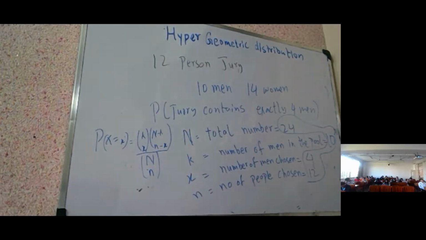So this means, how many different ways can we choose 4 men out of the total number of men, 10?